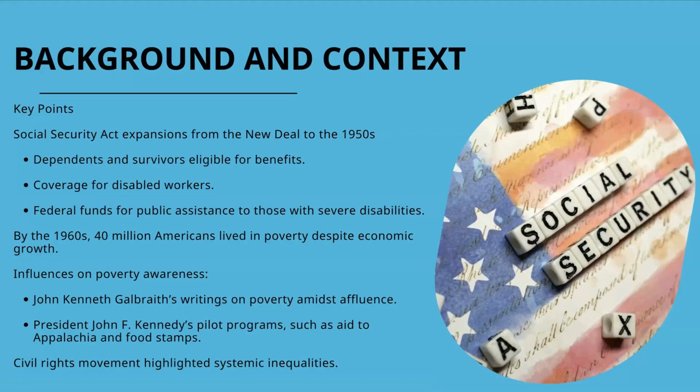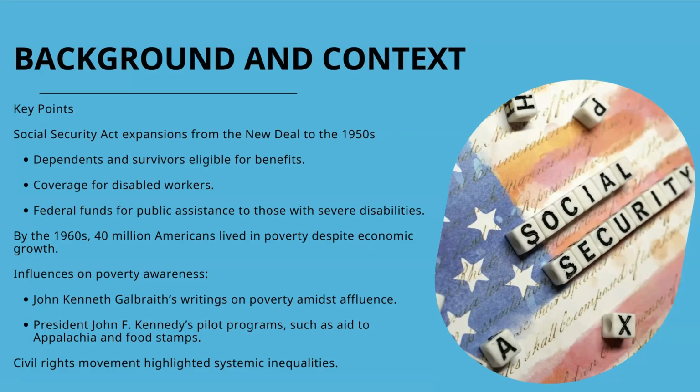So here we are looking at some of the background of the war on poverty and also the New Deal. Many things came into play. Some of the key points: the Social Security Act expansion from the New Deal to the 1950s, so dependents and survivors were eligible for benefits.